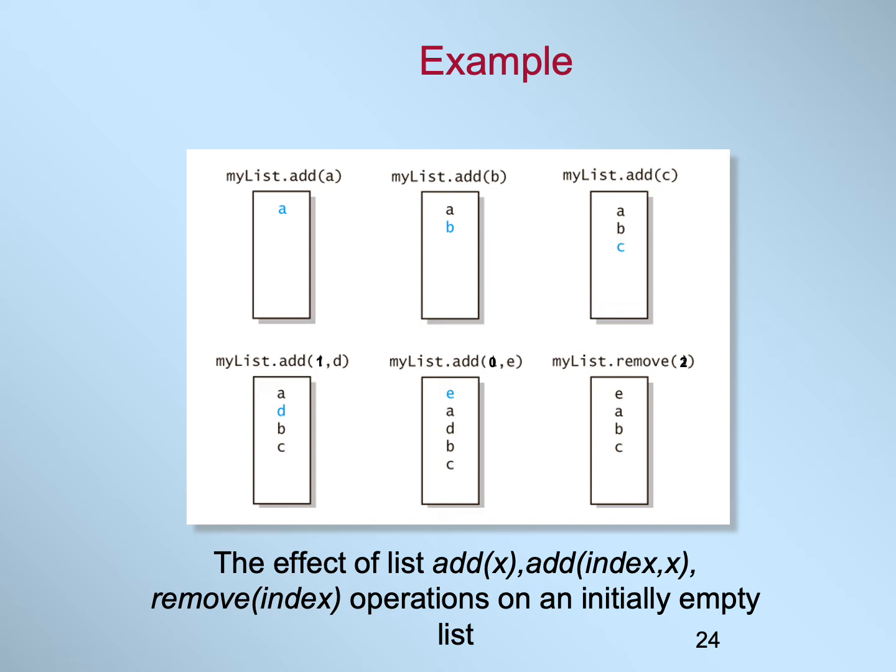If we write myList.remove 2, we are removing whatever value is at index number 2. Before we have E, A, D, B, C, so index number 2 would be the letter D. So when we run this code, it will give the output E, A, B, C because D has been removed.